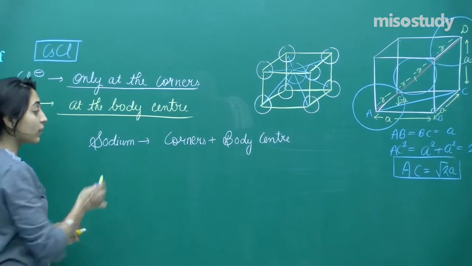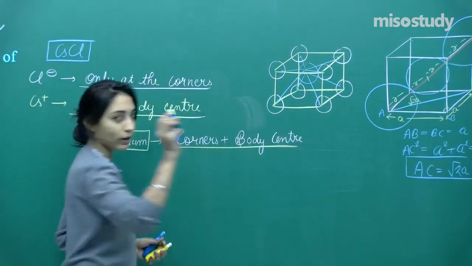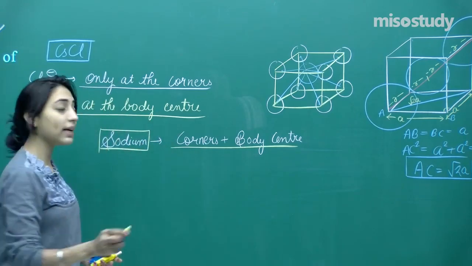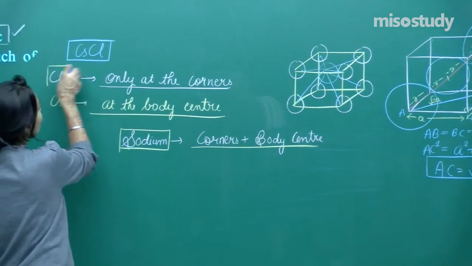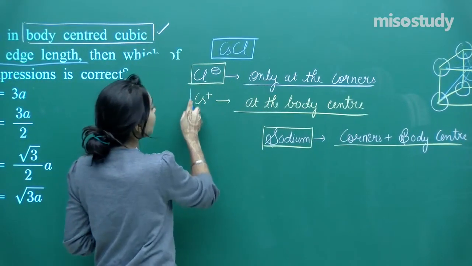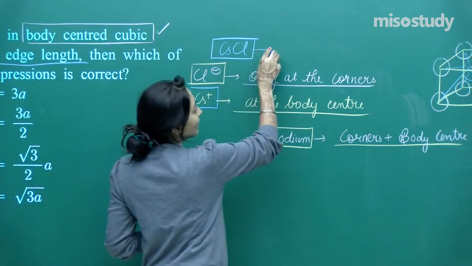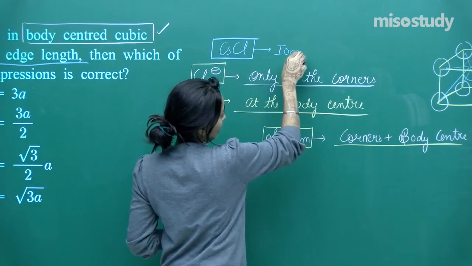Right? That means it was just the sodium atom which was present at the corners as well as body center. But now what I am saying is chloride ions are present only at the corners, whereas cesium plus is present at the body center. So this CsCl is a kind of ionic crystal.